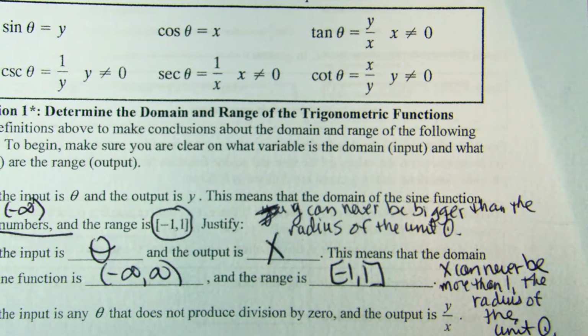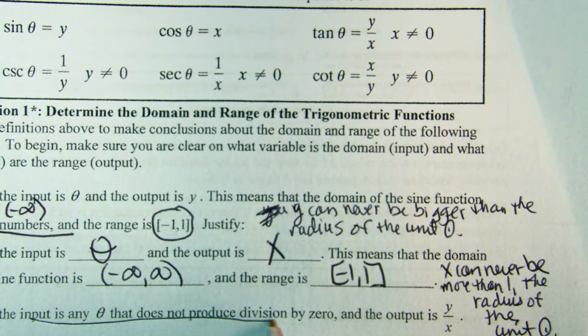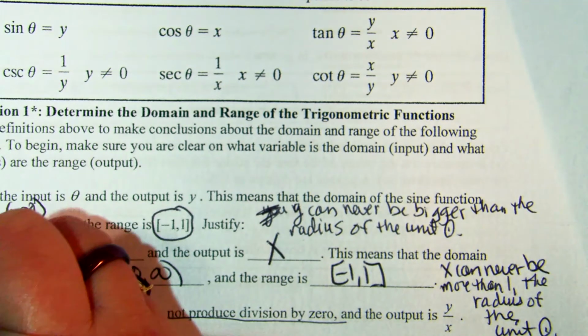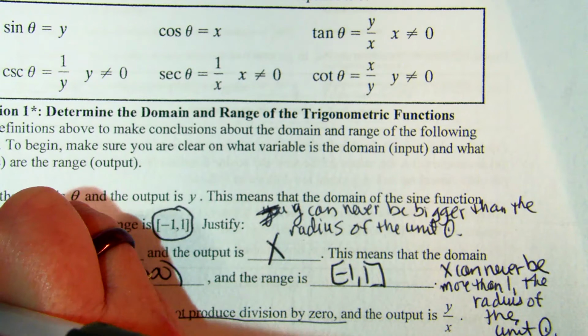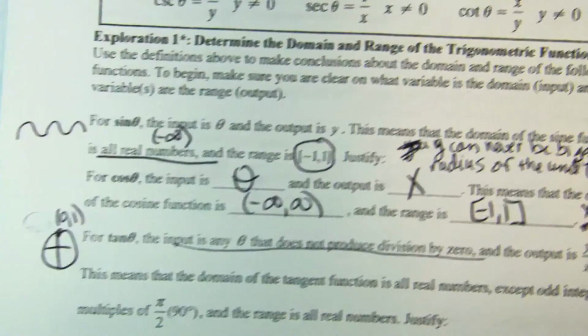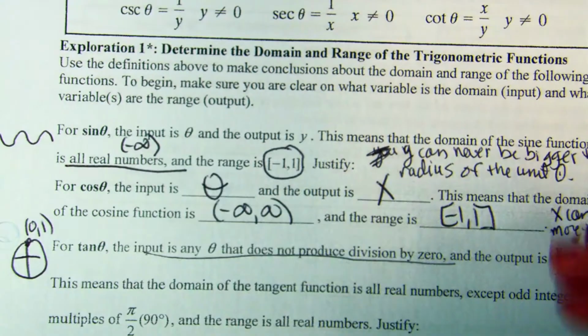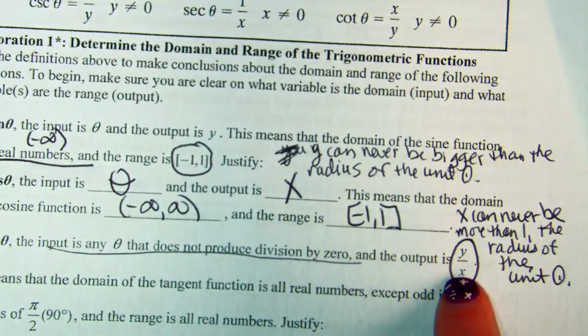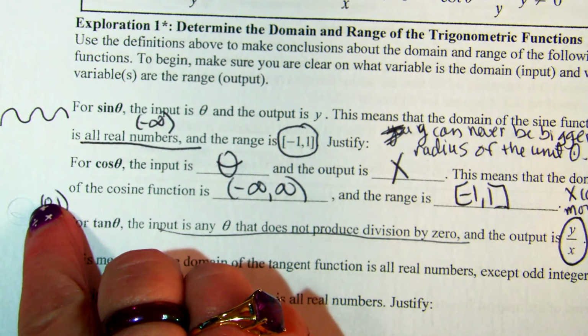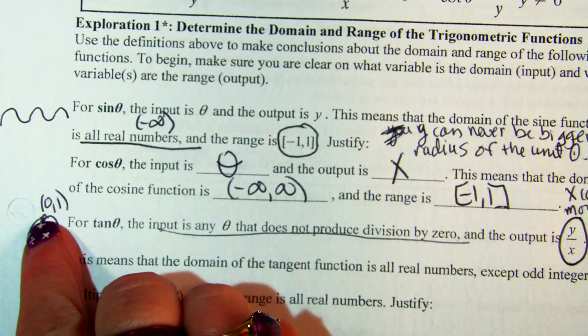For tangent, the input is any angle that does not produce division by 0. On the unit circle, at 0, 1 right here, tangent is y over x, which would give you 1 over 0, which is undefined.